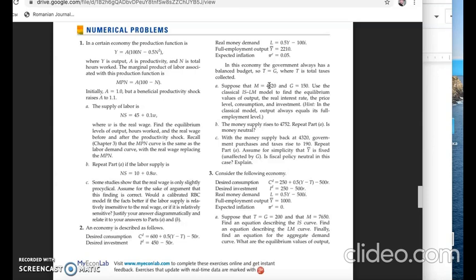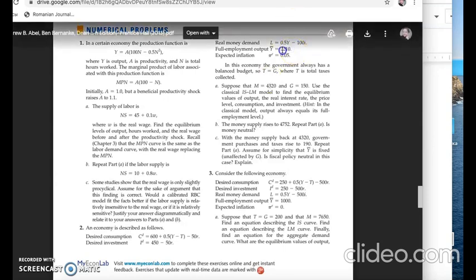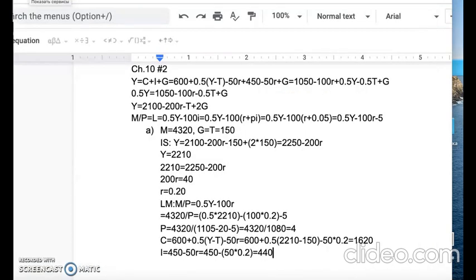And here's a hint: in the classical model, output always equals its full employment level, and the full employment level here is 2,210. Okay, the IS curve gives us the equation for Y. Using this equation, we will have 600 plus 0.5 (Y minus T), and we just substitute all the values that we have from the problem and simplify this equation.